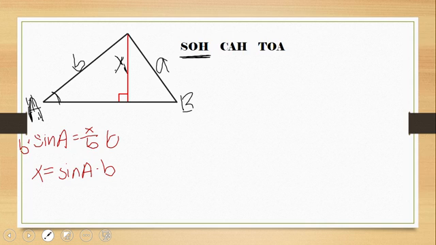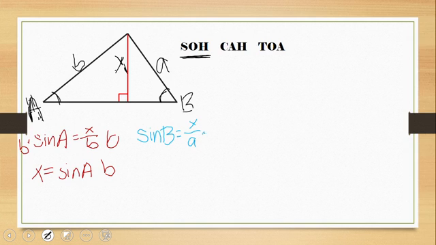So let's look at the other side. We can do the same thing because looking from the perspective of angle B, we see that x is the opposite and a is the hypotenuse. So we can also use sine. So we have sine of angle B equals x over a.